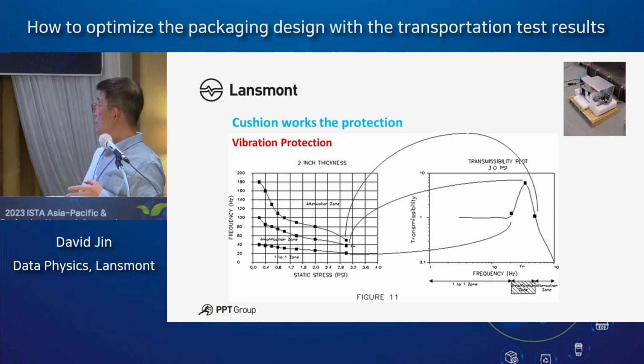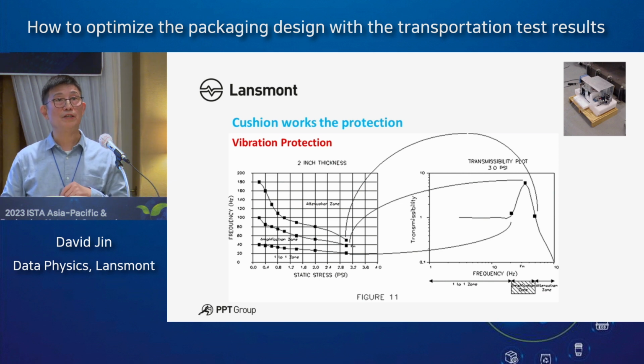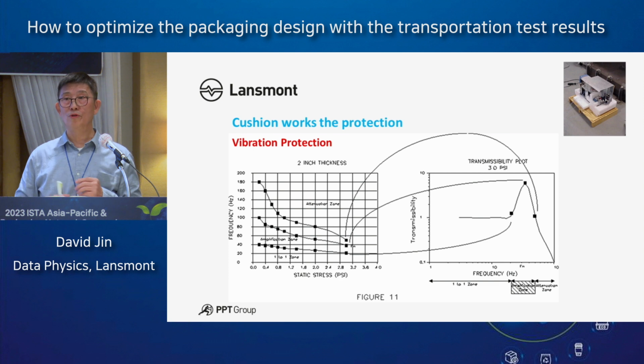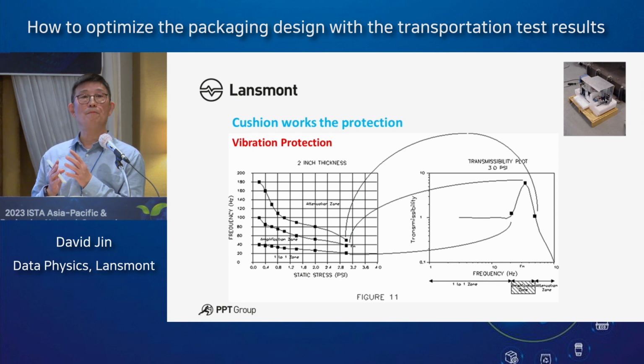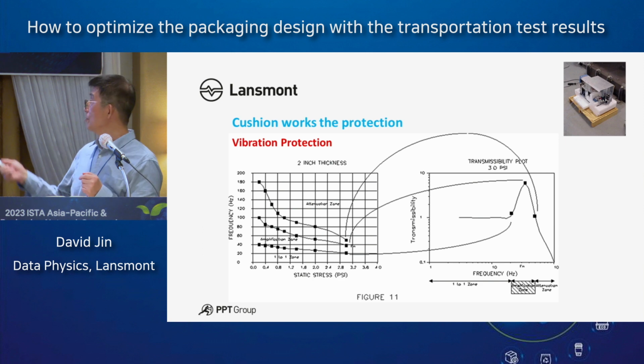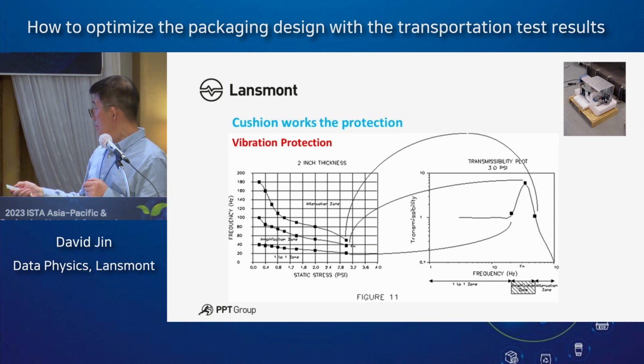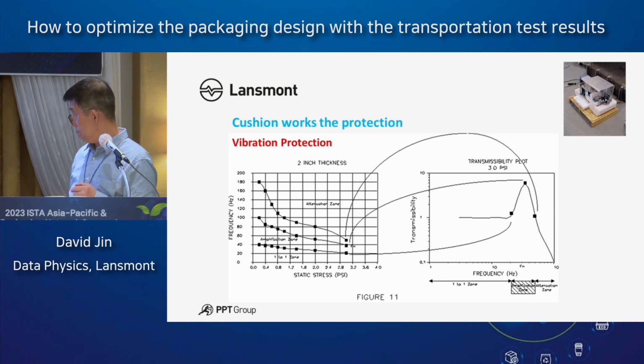If you come here, if you generate 1G, it may be like 10G. So your product will be damaged if your product can't bear 10G vibration. So that's the major point we're going to avoid. So let's move this frequency zone down. So you see that? At least down to the 1 to 1 zone.